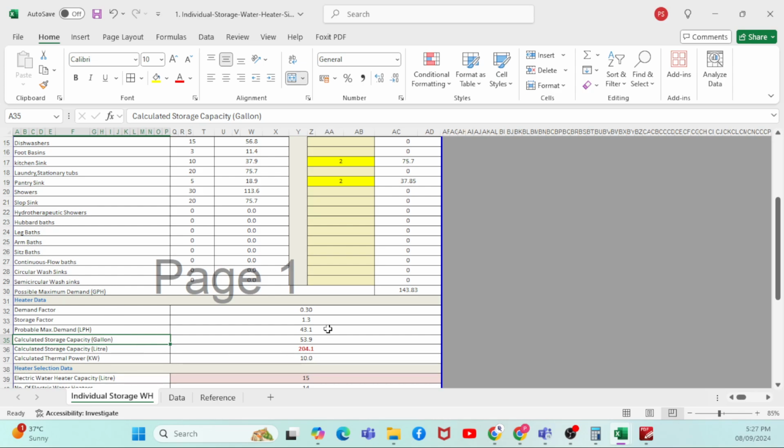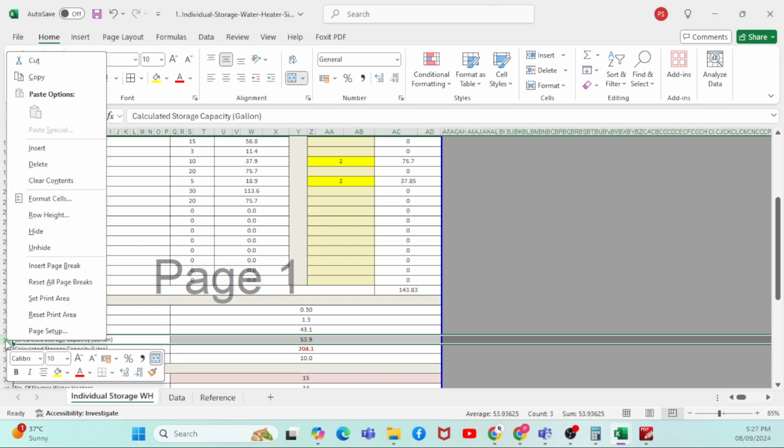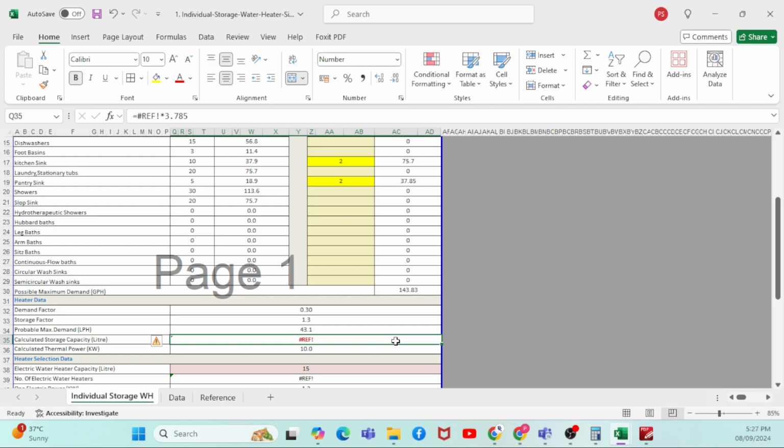Okay, if I convert this value, probable maximum demand multiplied by storage factor, then I can get the calculated storage capacity in liters. Clear, right? So this is my calculated storage capacity of my tank, 53.9.